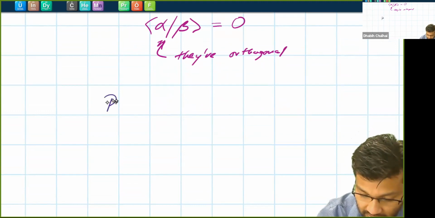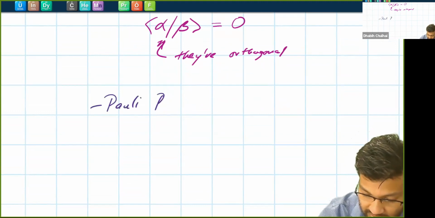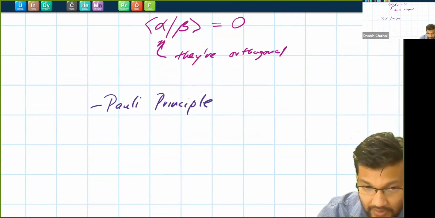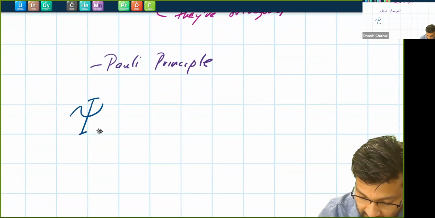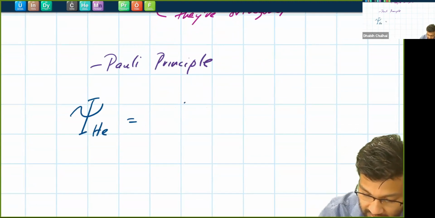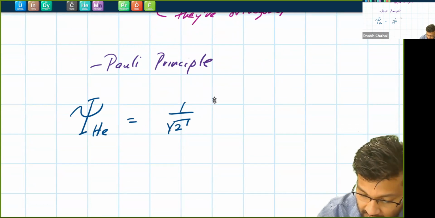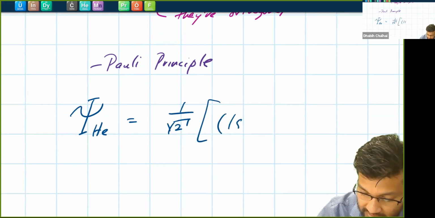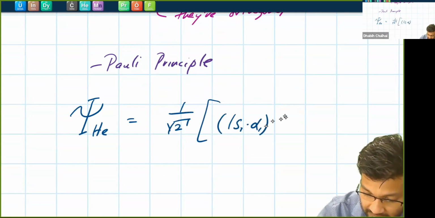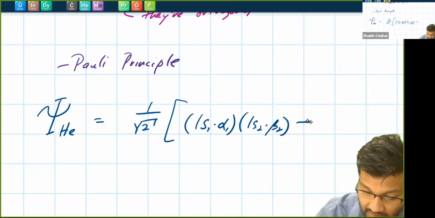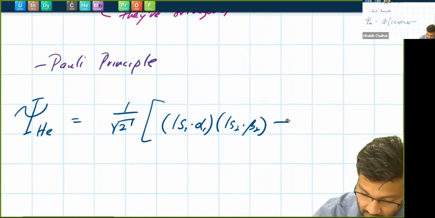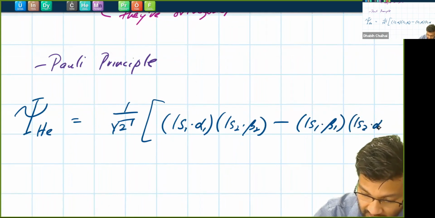With the Pauli principle, we figured out that the wave function for helium should look something like this: 1 over square root of 2 times 1s for the first electron times alpha for the first electron, 1s for the second electron times beta for the second electron, minus 1s for the first electron times beta for the first electron, and 1s for the second electron times alpha for the second electron.